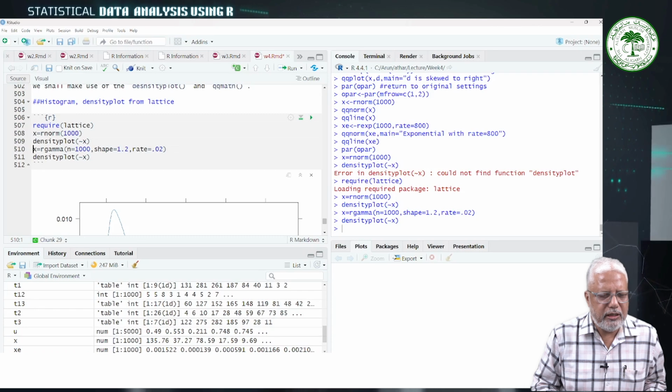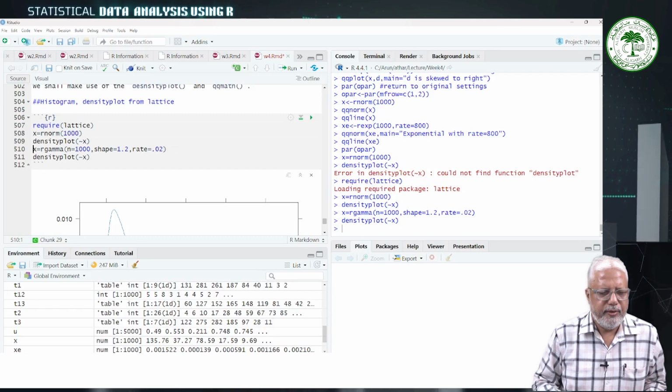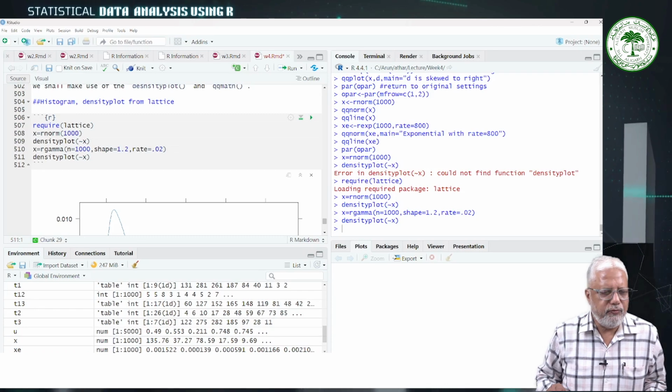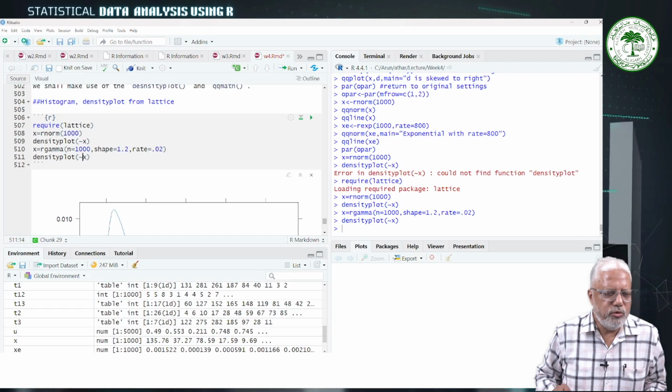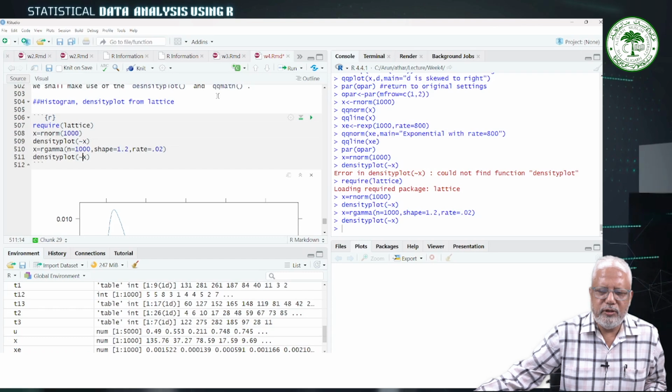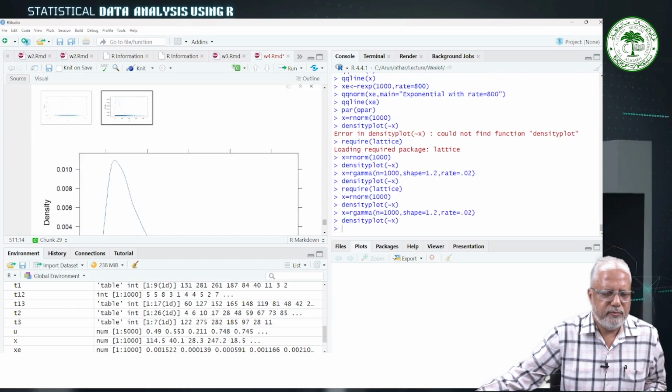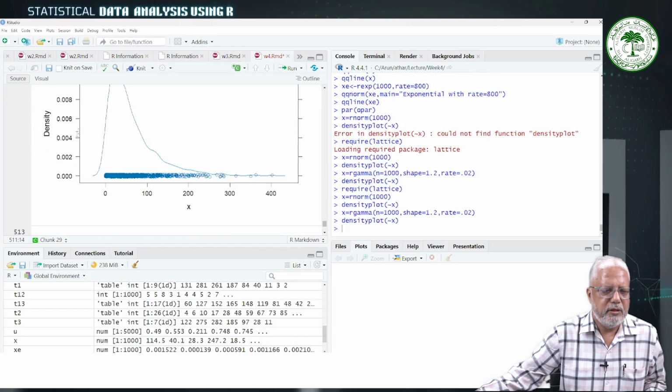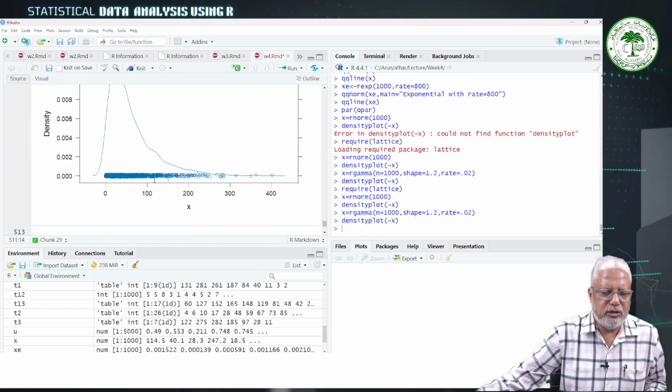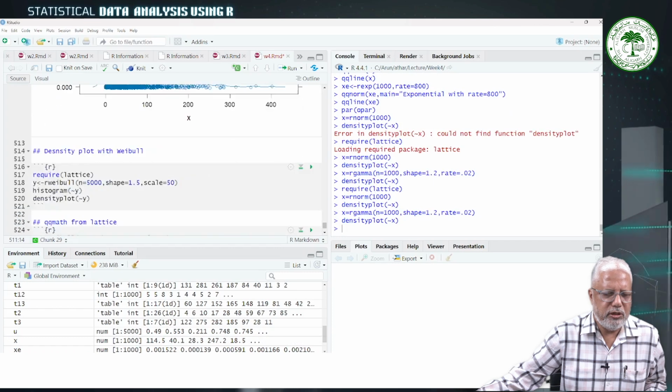The function is not density, it is densityplot, and we use the formula argument. We use this tilde, which means formula, with x. So we get the density plot based on these observations simulated from the gamma distribution.